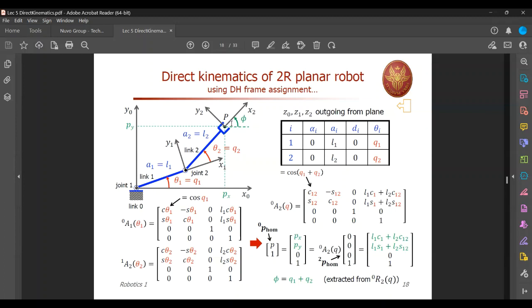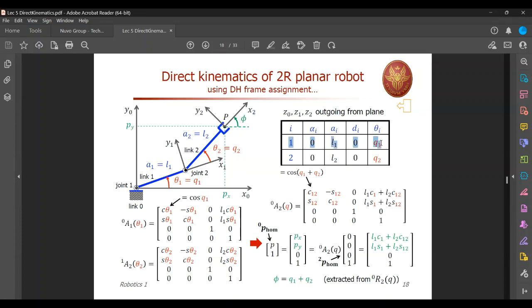And there you have the second link. And the end of that is the coordinate frame of the second link. That is why you have x2, y2 up there. There is no joint there, just the coordinate frame at the end of link 2.